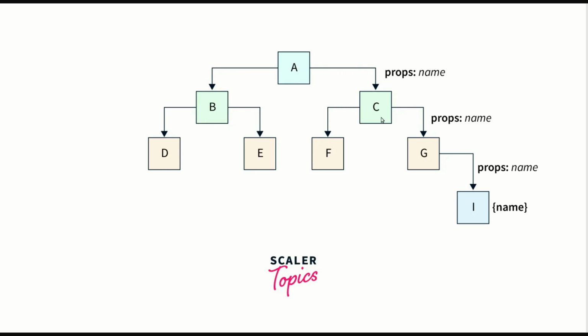So for example, let's say we have a name which is managed in the A component. Here we declared a variable or a state which we assigned a name variable. If I want to pass this name to the C component, that is its child, then I am going to use a prop.